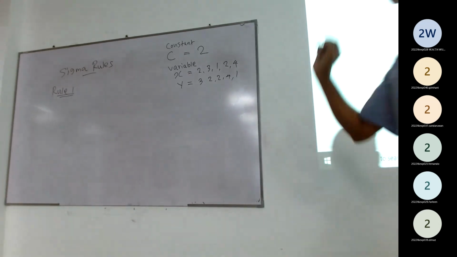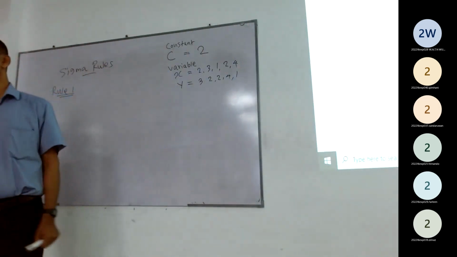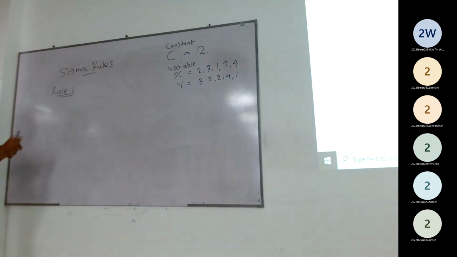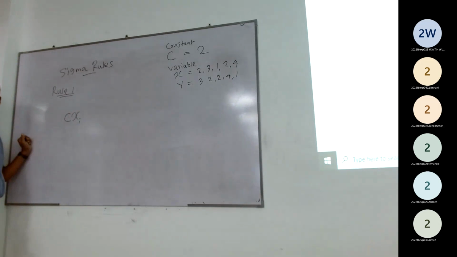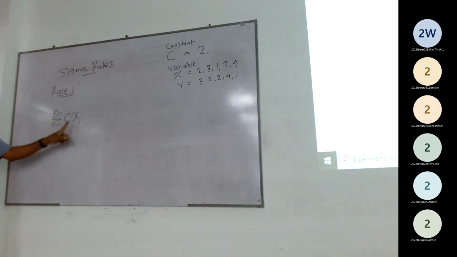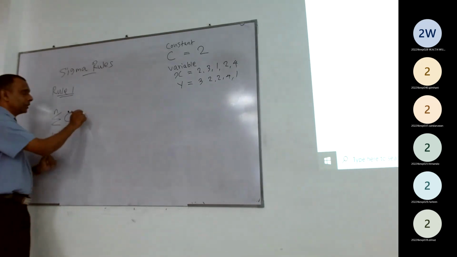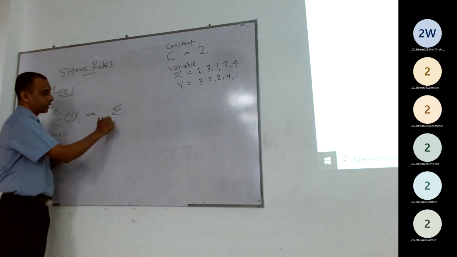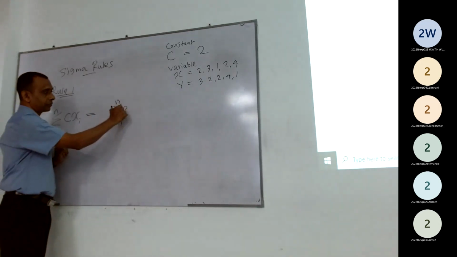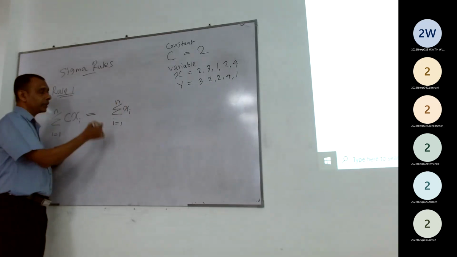I write notation. If a variable is multiplied by a constant, the variable xi multiplied by a constant, take the summation. I equals 1 to n. Variable is multiplied by a constant and take the summation. Similar to equal summation of the variable, i equals 1 to n xi, multiplied by constant.